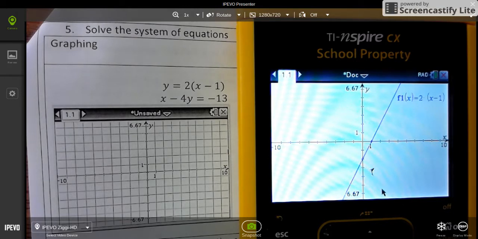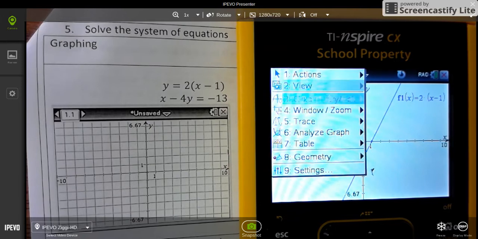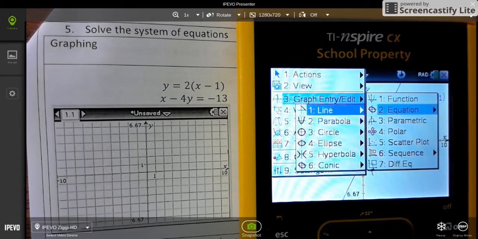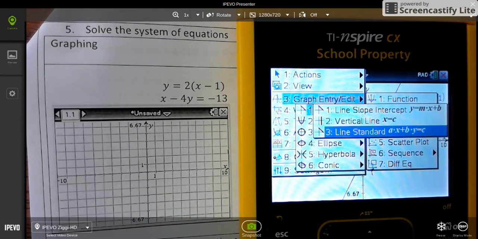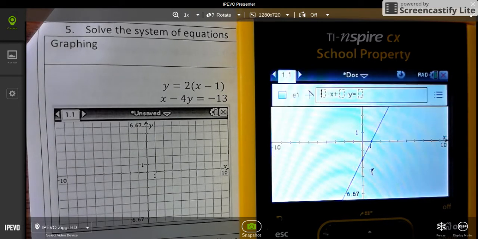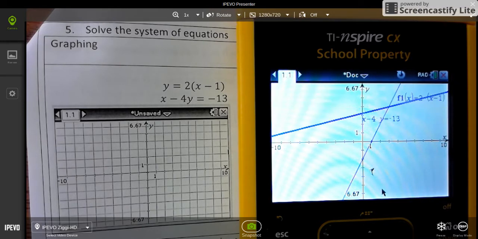Now to get the second equation, you're going to have to go to Menu, Graph Entry, Equation, Line Standard. You'll notice that line standard fits the format of the second equation. Now, there's not a number in front of x, but we know the coefficient of x is 1. The second is a negative 4, but there's a plus sign, so that's going to be a negative 4 and negative 13. Press enter.